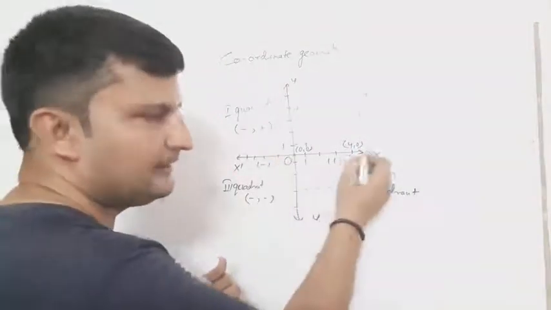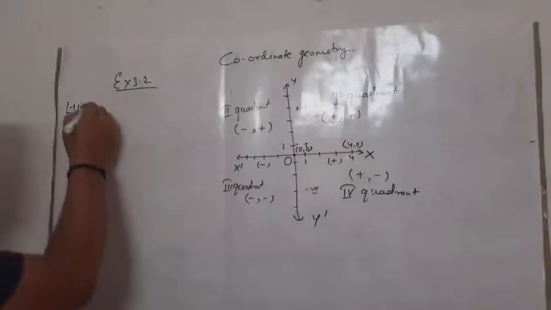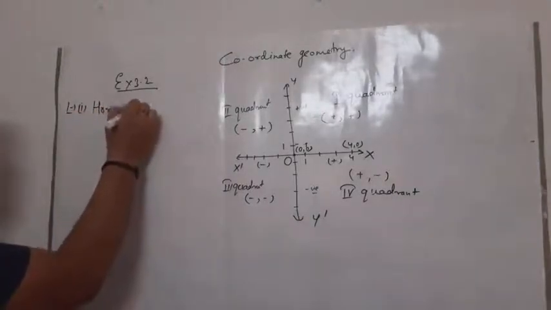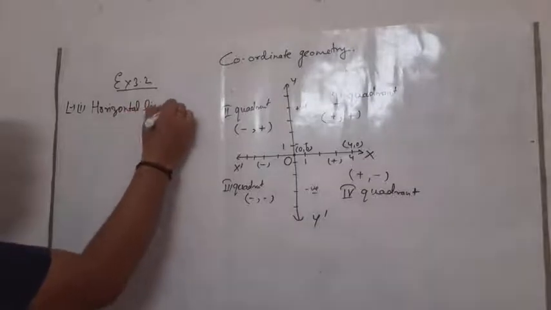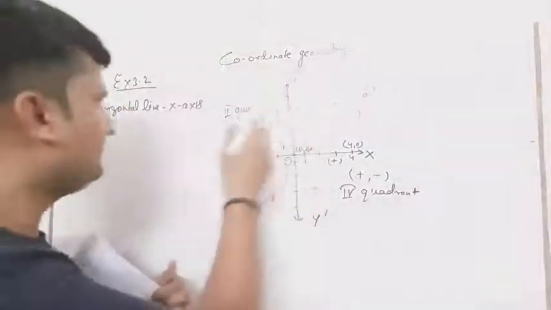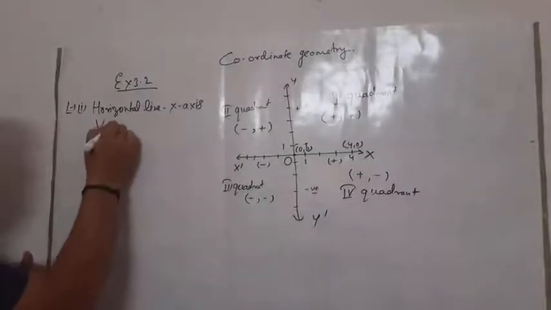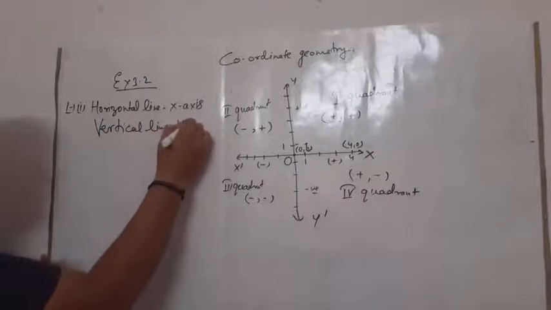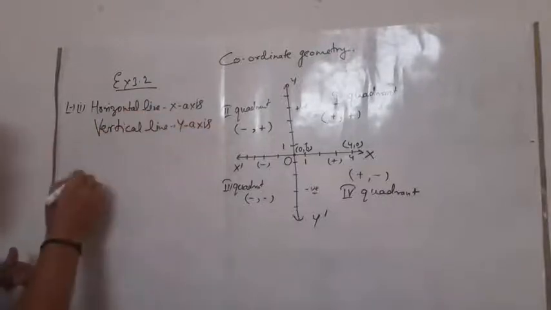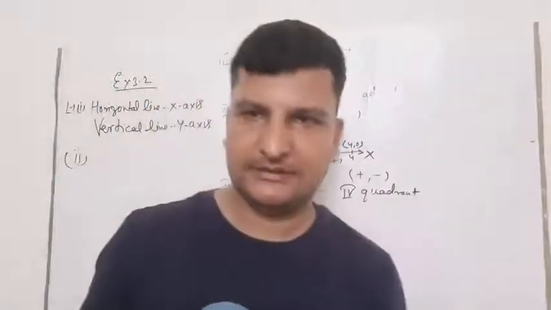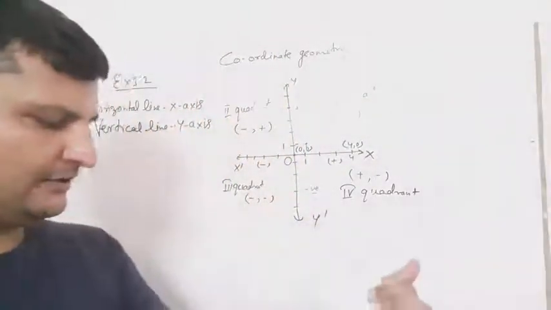The horizontal line is called the x-axis, and the vertical line, I have told you, is the y-axis. The x-axis we can write as abscissa and the y-axis we can write as ordinate also.